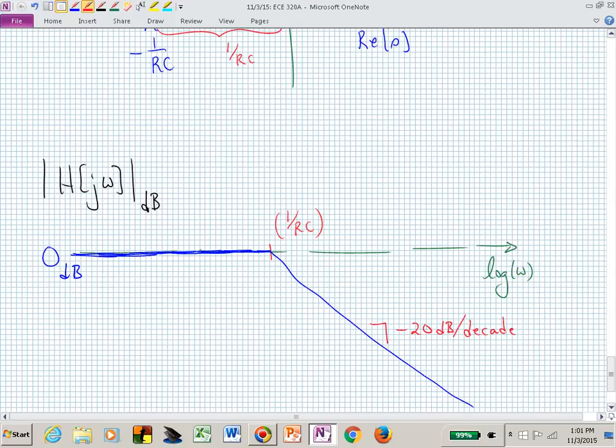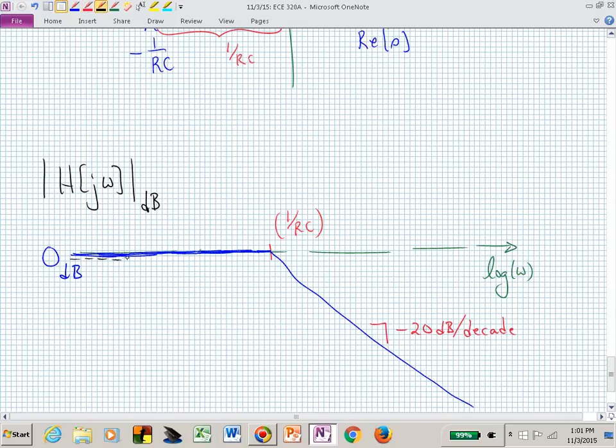This is how you would shape those knobs on your stereo. You would have the low frequency out to some mid-range value of 1 over RC, and then you would start ratcheting that magnitude down. In actuality, what do you know is happening?